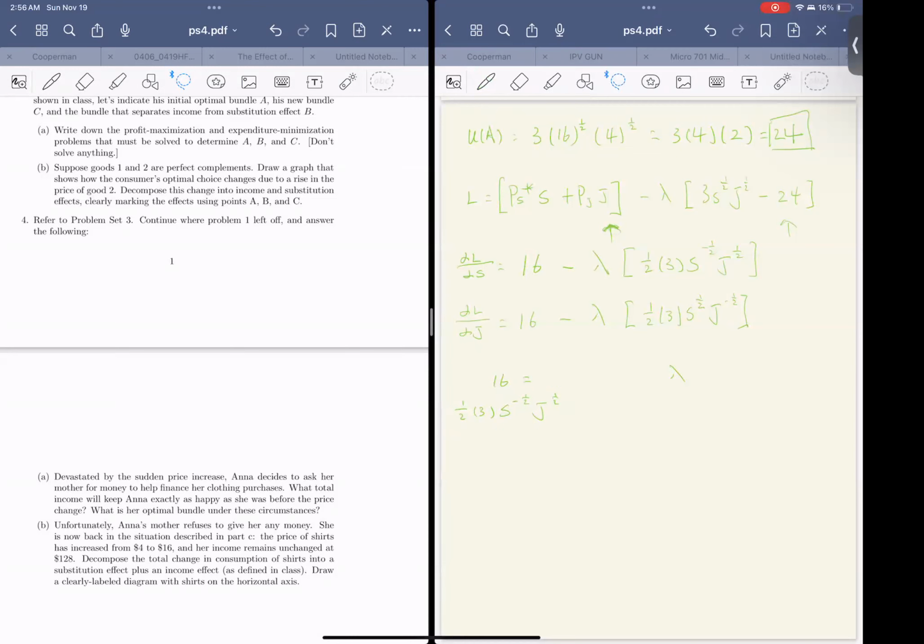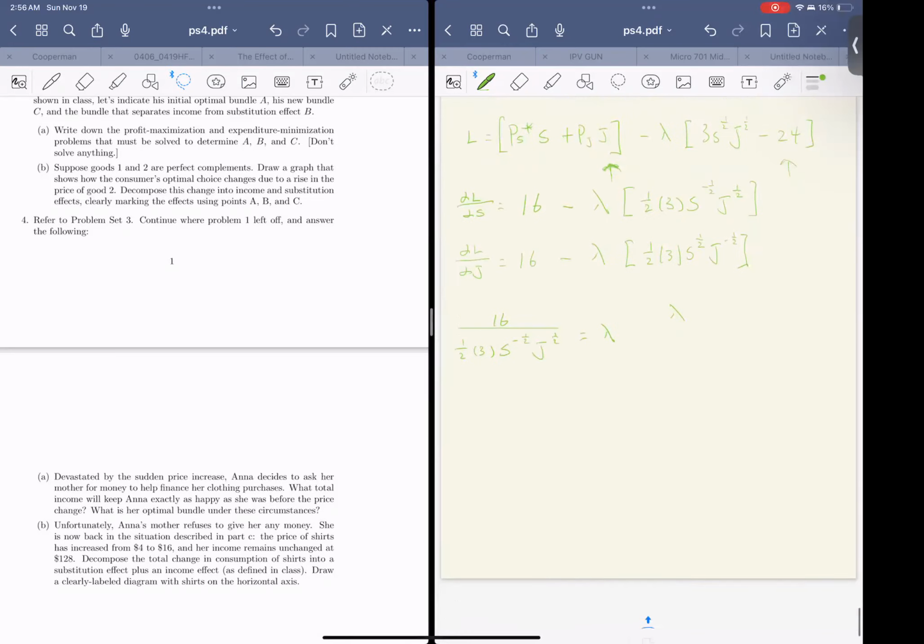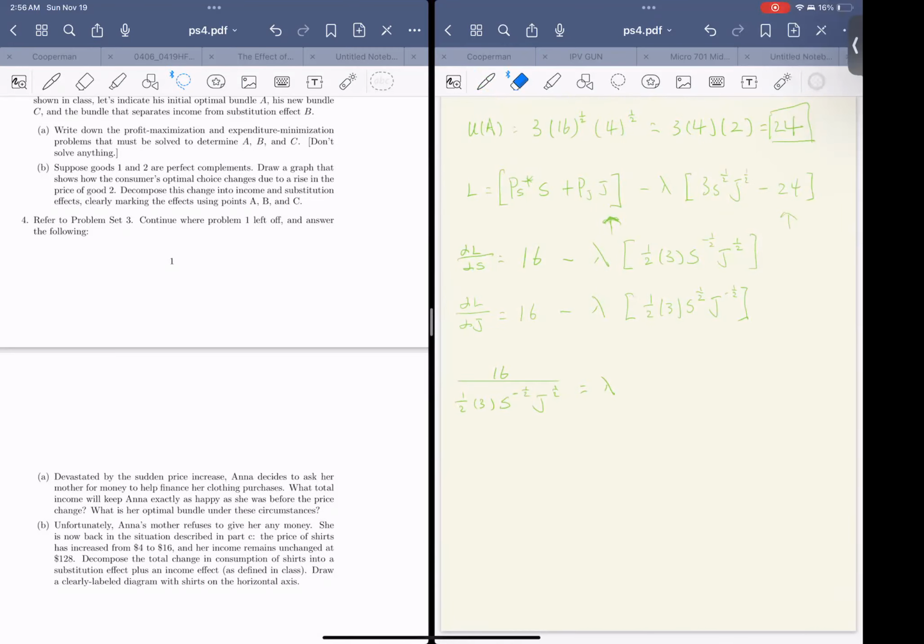This thing is on the bottom. Lambda 1, and then this 16 over 1/2 third S, 1/2 J to the negative 1/2, plus the lambda 2.